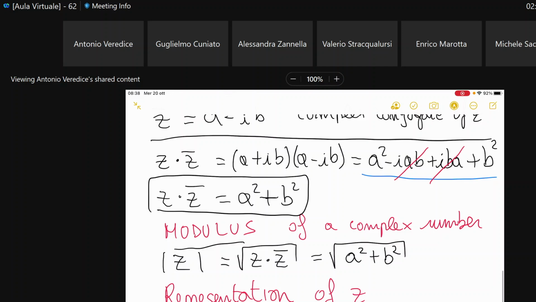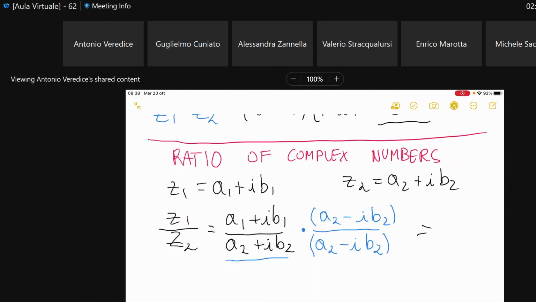So you don't have i anymore if you make this computation. So what happens in the denominator? We have A2 squared plus B2 squared, since as before, the terms i A2 B2 cancel out. So we get just this, the modulus squared.